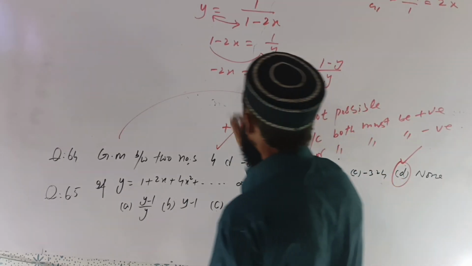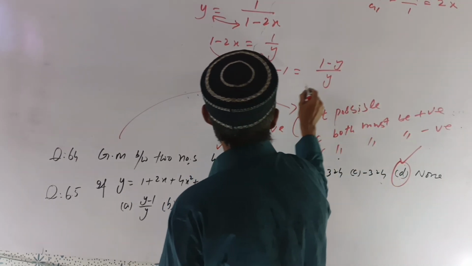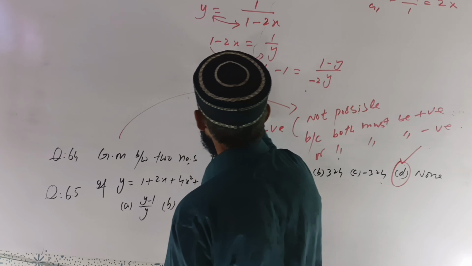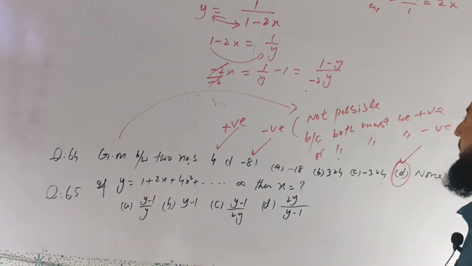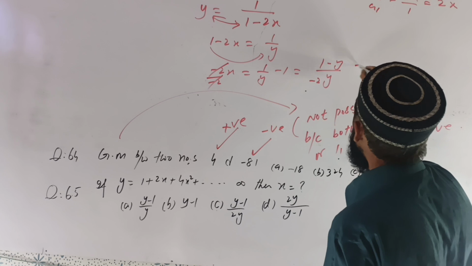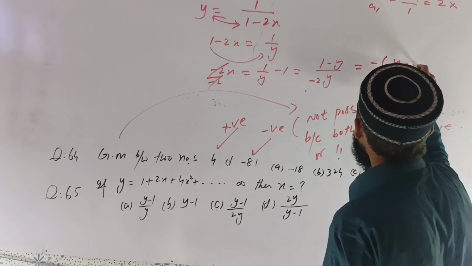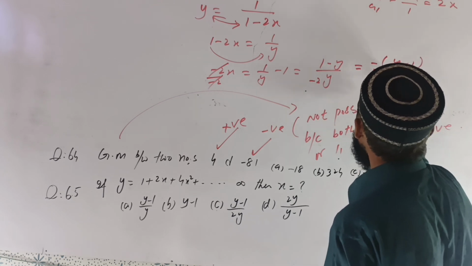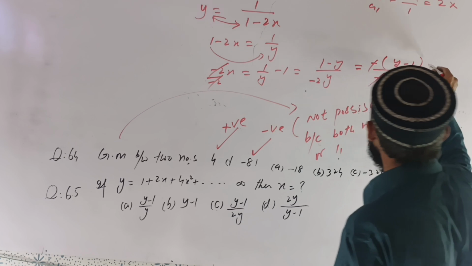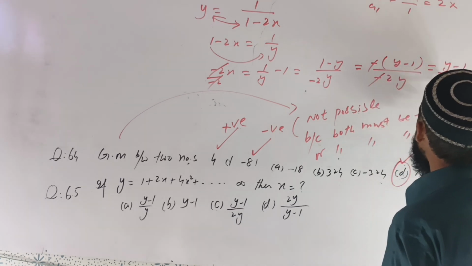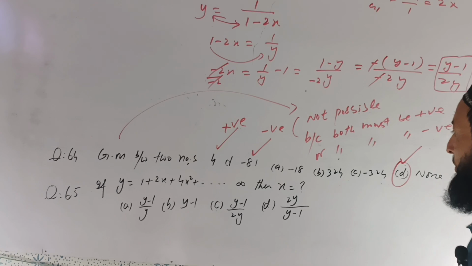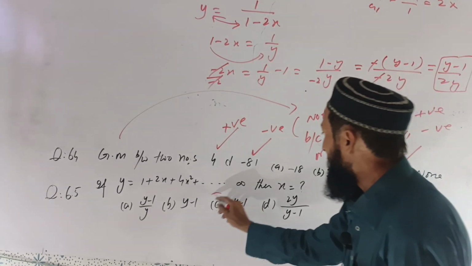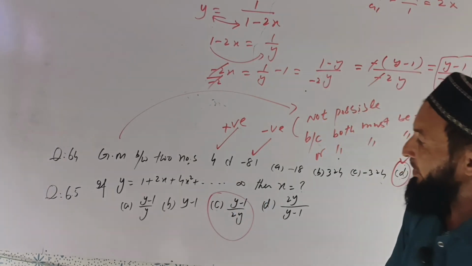Now dividing both sides by minus 2, and if we take the minus common, we get (y minus 1) divided by 2y, where the minus signs cancel. (y minus 1) divided by 2y is the correct option. So C is the correct option in this case.